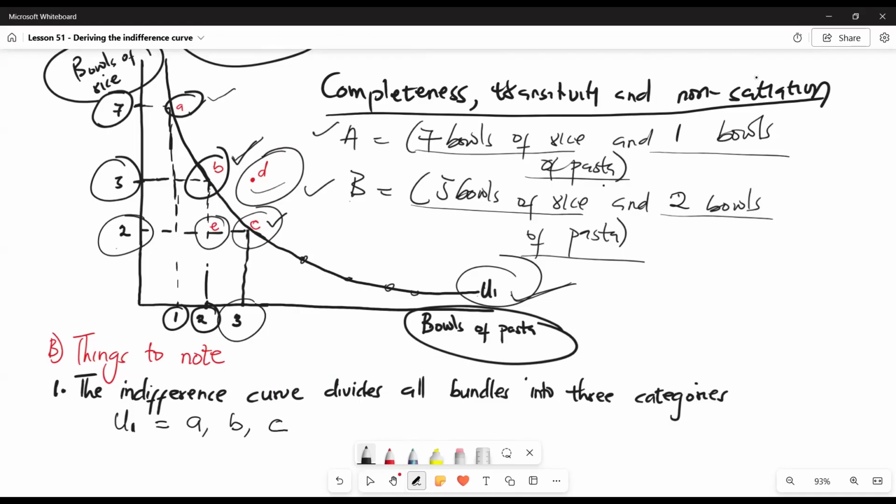So when we look at bundle D, if we are to trace this, we can see that bundle D has 3 of pasta and 5 of rice. So we can write this here as bundle D having 5 bowls of rice and 3 bowls of pasta.